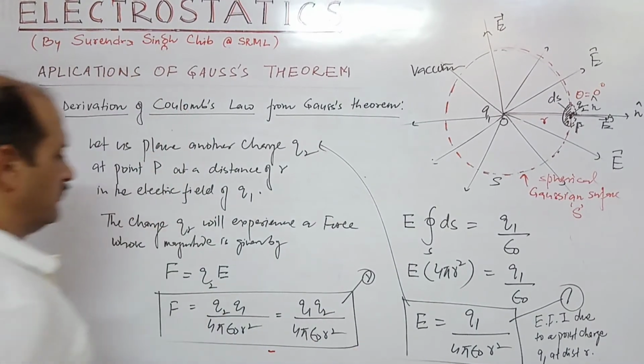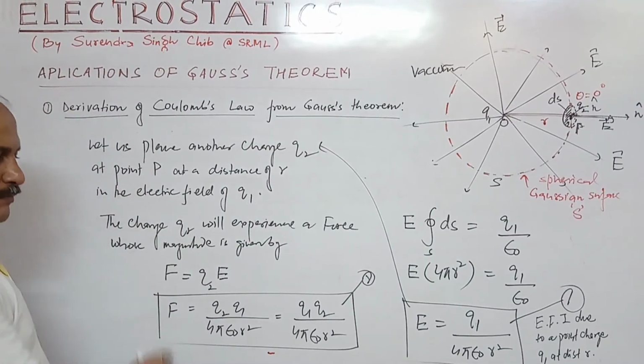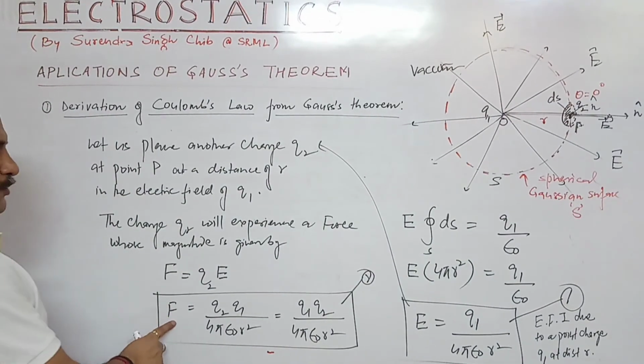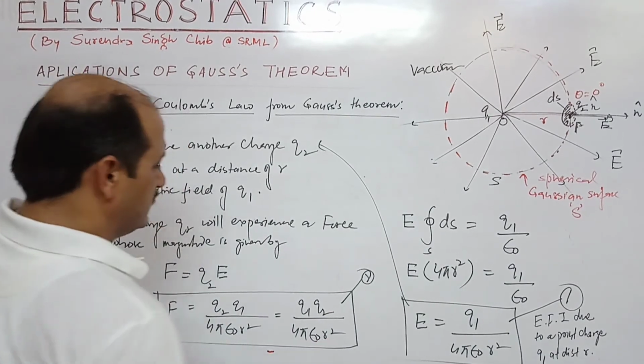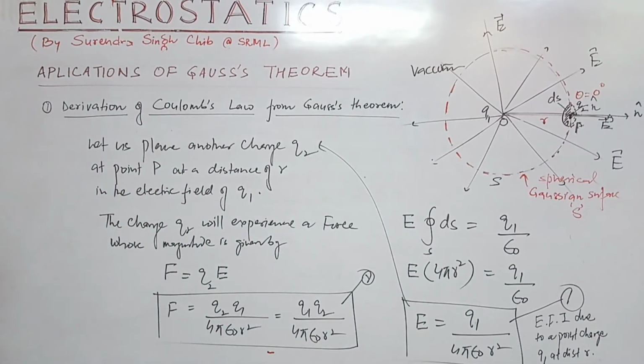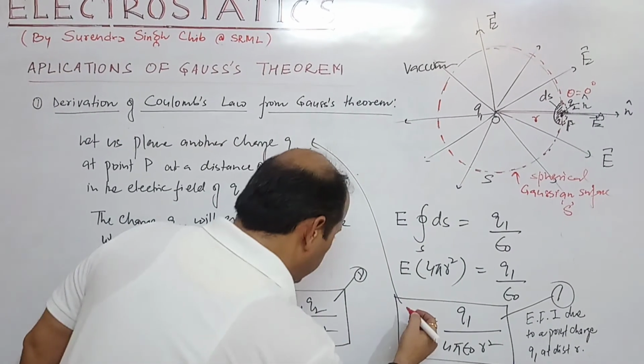The two charges are separated by some small distance. There is a force of attraction or repulsion between them, and that force is directly proportional to the product of the charges and inversely proportional to the square of the distance between them. If we are interested in vector form, it's very simple.